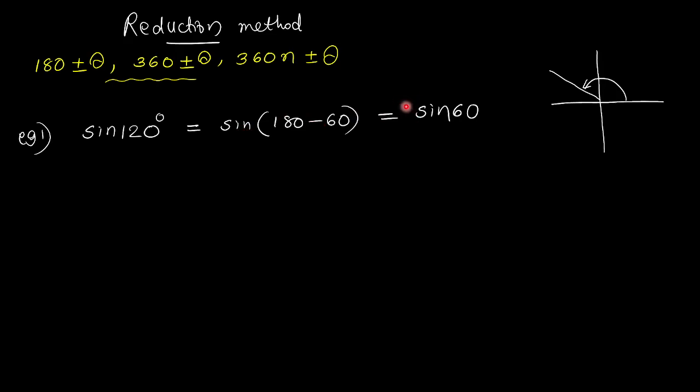Some cases it can be negative, but this is the second quadrant, so it will be positive. Then sine 60 degree, I have given you the table, root 3 by 2.